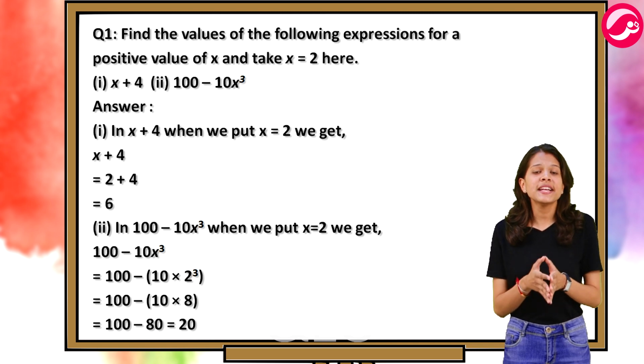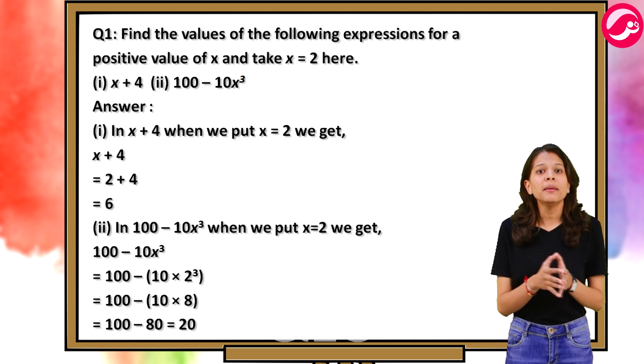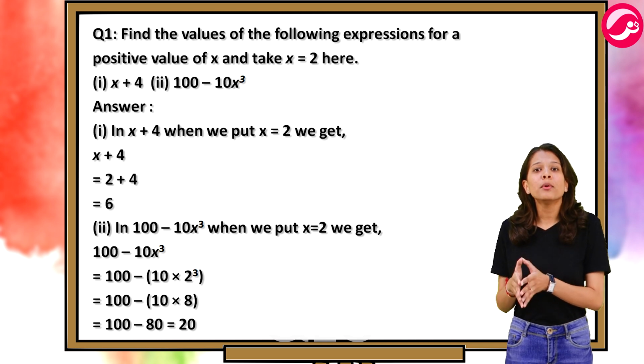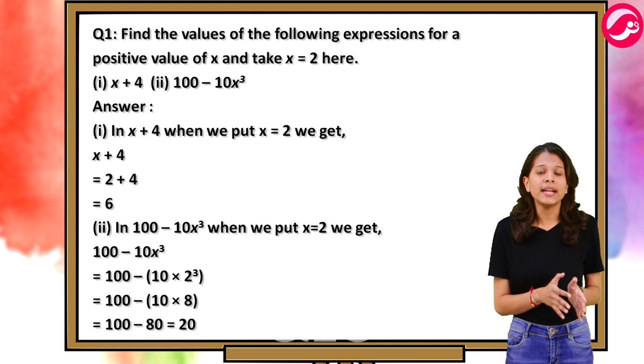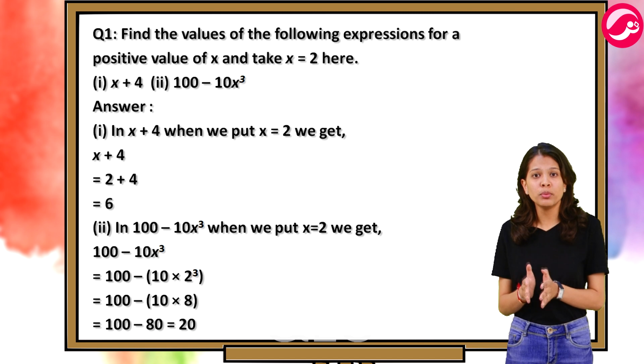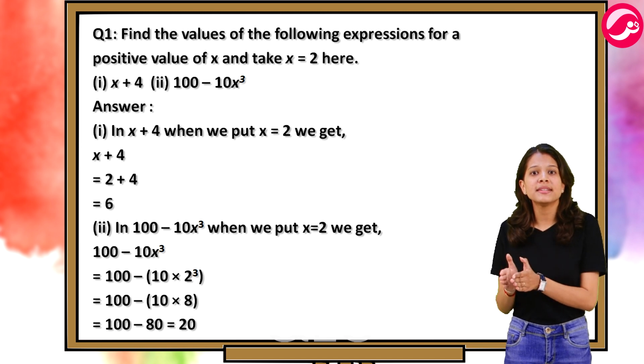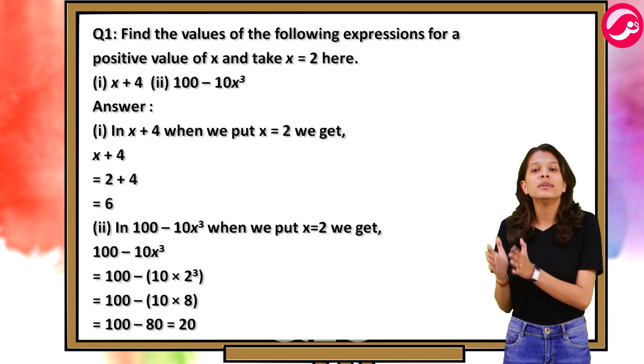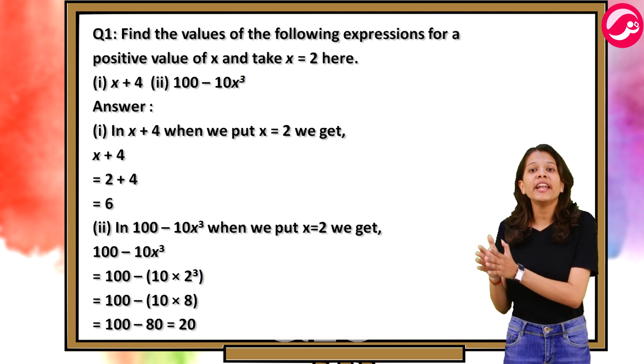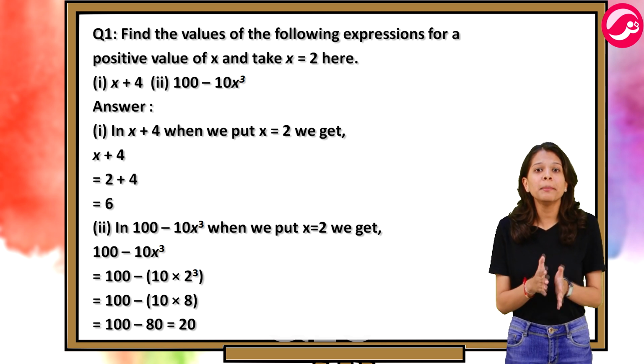Now, in the second expression, 100 minus 10x cube, when we put x equals 2, we get 100 minus 10 into 2 cube, which gives 100 minus 10 into 8, that is 100 minus 80, which equals 20.